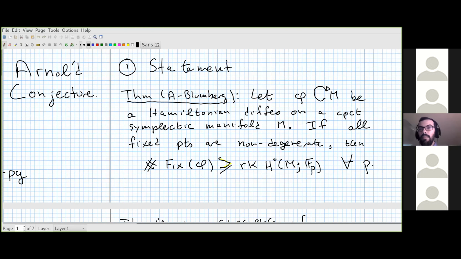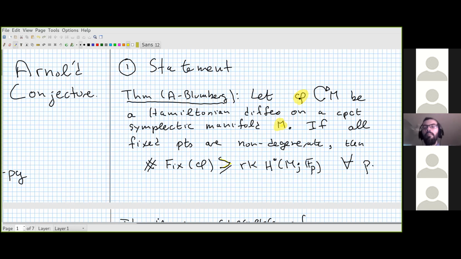So what is the statement that we prove? It is a version of a classical conjecture of Arnol'd. It says that you should consider a compact symplectic manifold, called M, and take a Hamiltonian diffeomorphism.